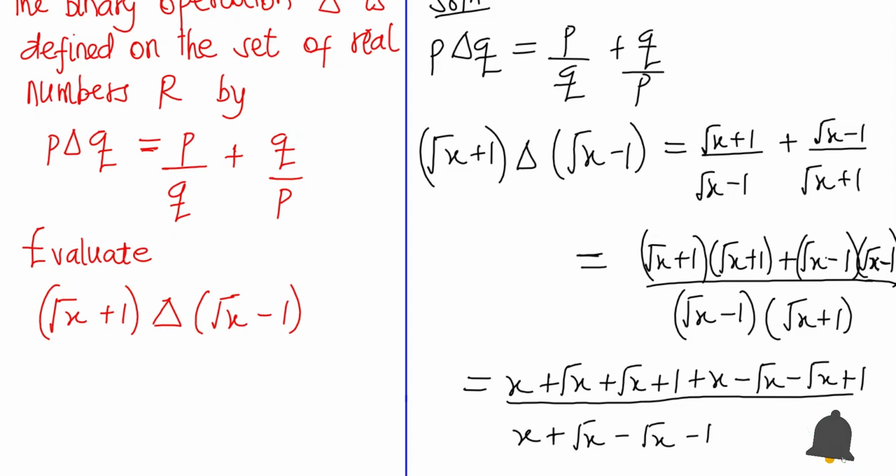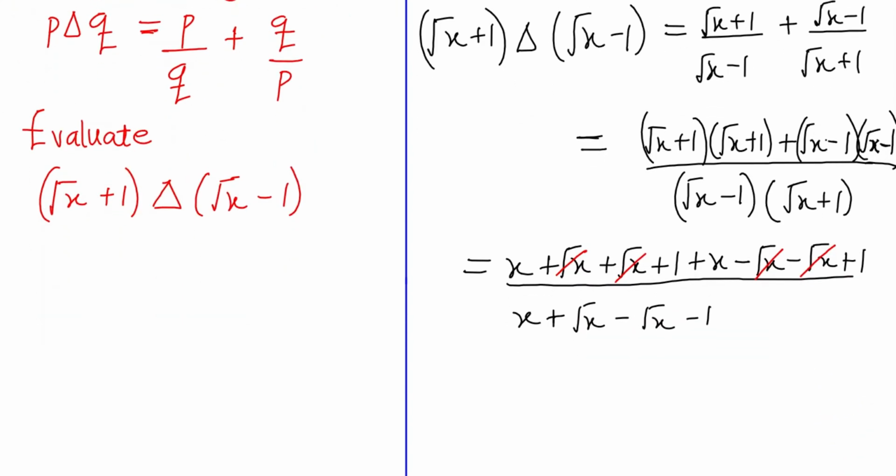So it means that we can cancel some of the terms here. The negative square root of x takes away the positive square root of x, and the only terms left here are x, x, 1 and 1. So we are going to sum them.